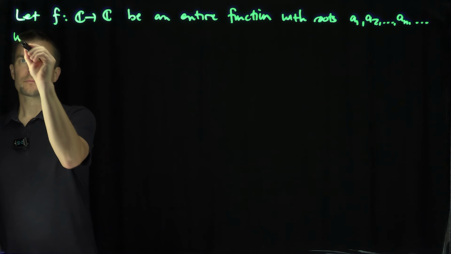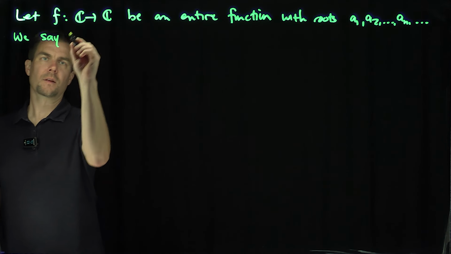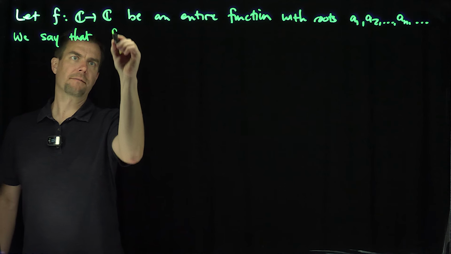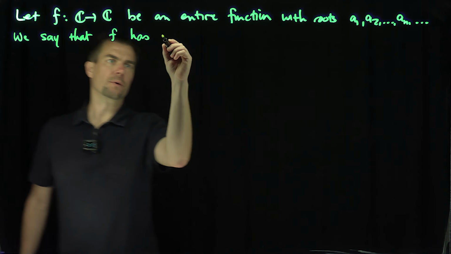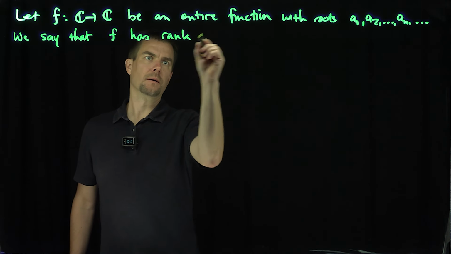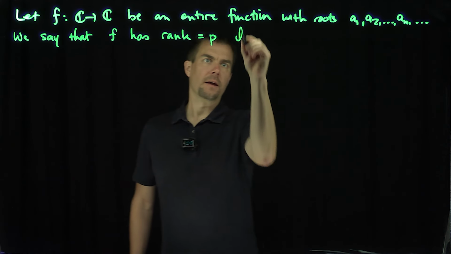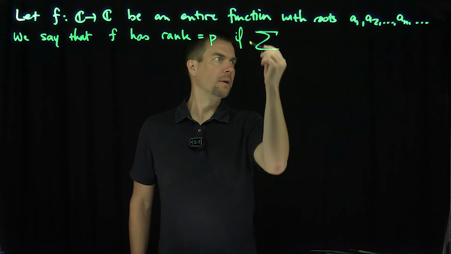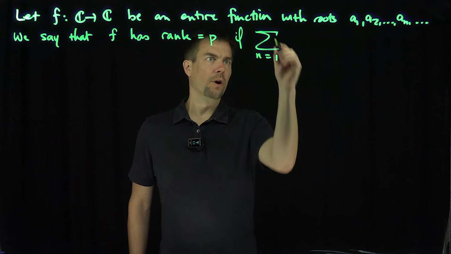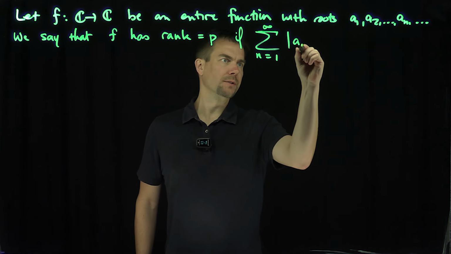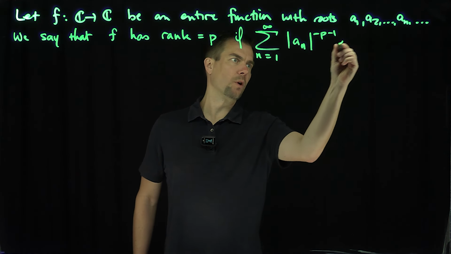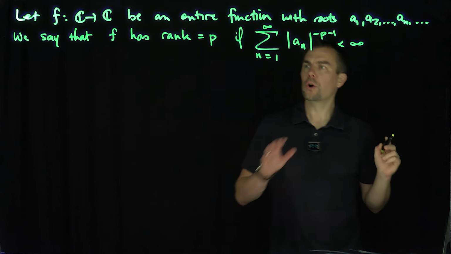We say that f has rank p if the sum, n goes from 1 to infinity, of the modulus of an to the negative p minus 1 is less than infinity.